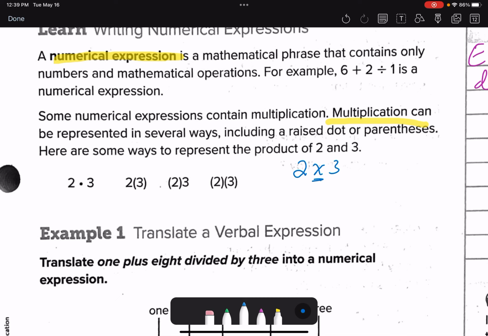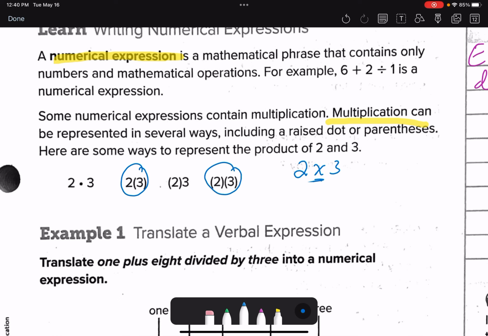So instead, the ways that you are going to typically see it in this class looks like this, where you have parentheses around one number with no math operations between them. That indicates multiplication. So again, if you see parentheses with no plus or minus in between them, that means that it is multiplication. Or it looks like this with two sets of numbers with parentheses.